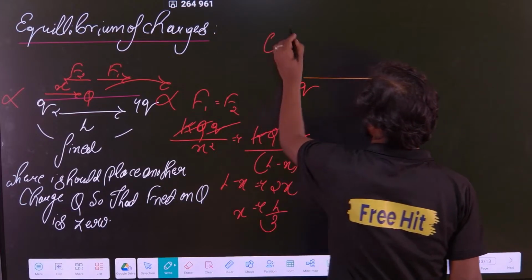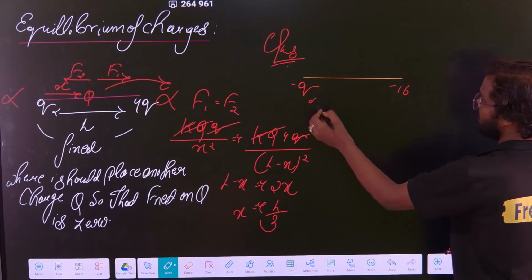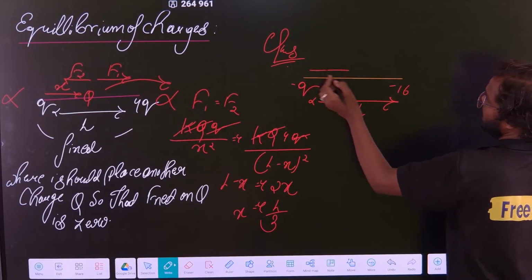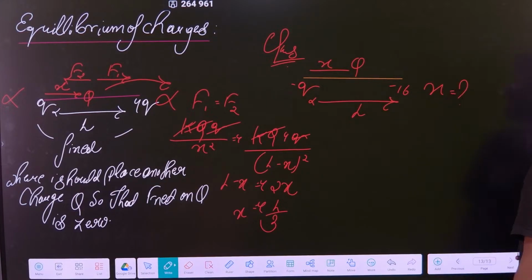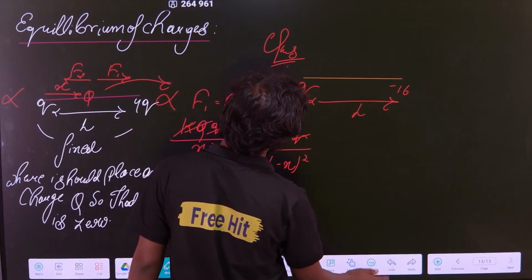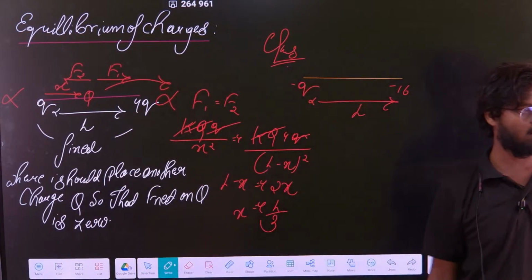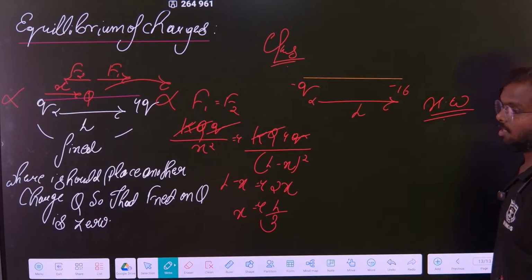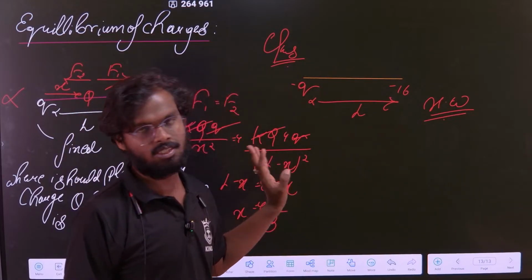What will be the position if this distance is L? Suppose x is the position where you are placing q. You have to find x, and whether I have to place it in the middle or here or here or here. Simple. You will do the same approach and tell where we have to keep it so that my F net will become 0.